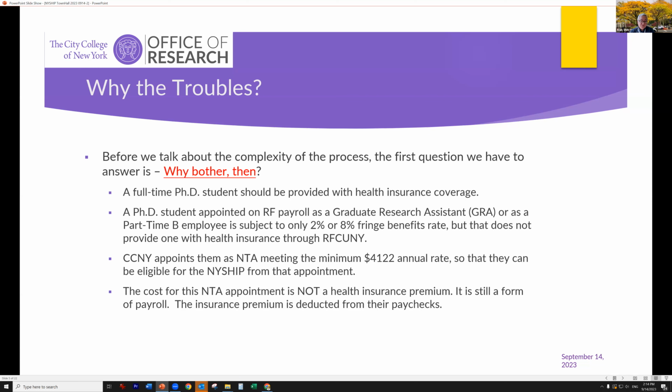Therefore, the 4122 is sometimes perceived as the health insurance premium, which is not true. It is still a payroll. Therefore, the students still have to submit the timesheet. That is another layer of complexity in this particular process.